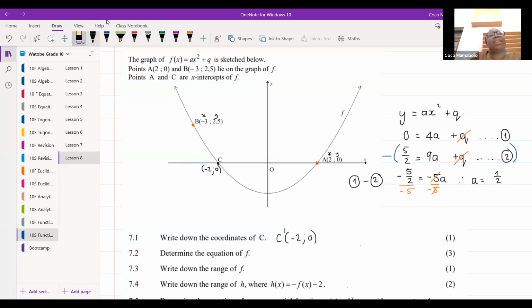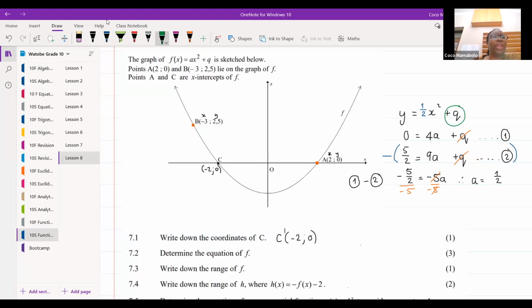So we're going to go back in and we're going to sub a in as 1 over 2. Now, how do we find q, guys? How do we find q? How can we find q this time, guys? Yes, Anna, through the equation, but how?